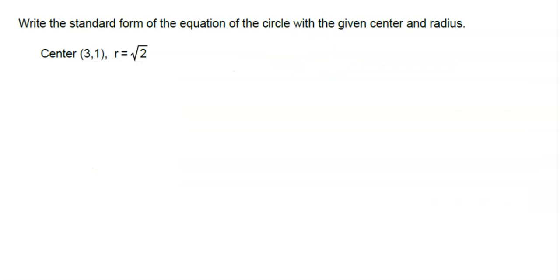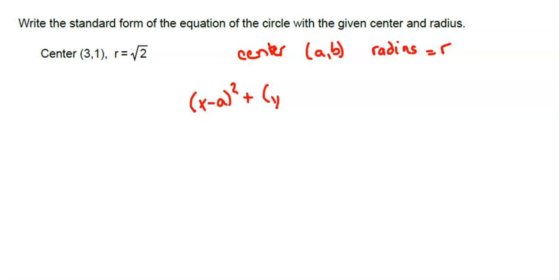Next, we're being asked to write the equation of a circle in standard form with a center at 3, 1 and a radius of the square root of 2. So if a circle has a center at the point a, b and it has a radius of r, then the equation of the circle is x minus a squared plus y minus b squared equals r squared.